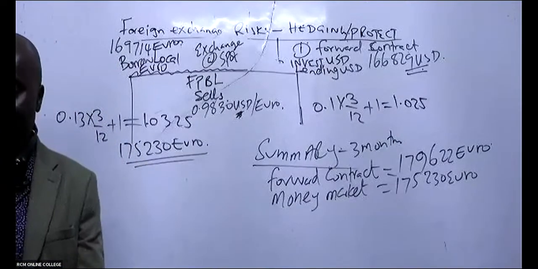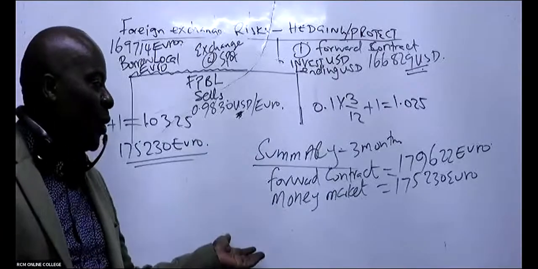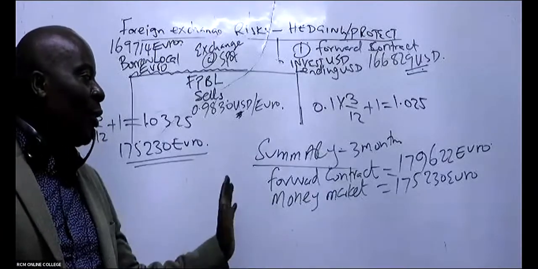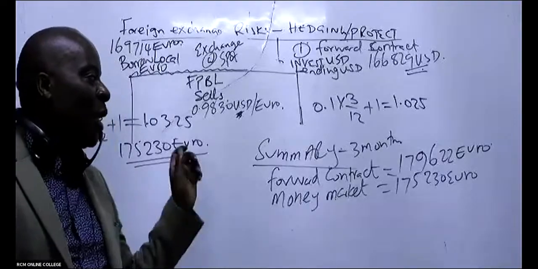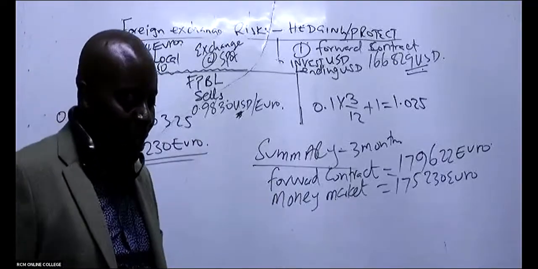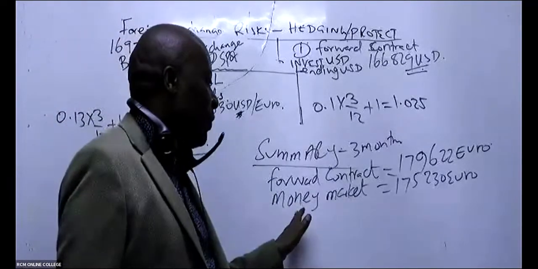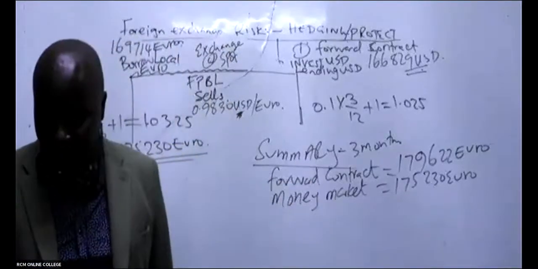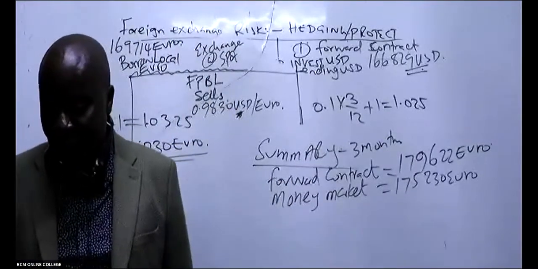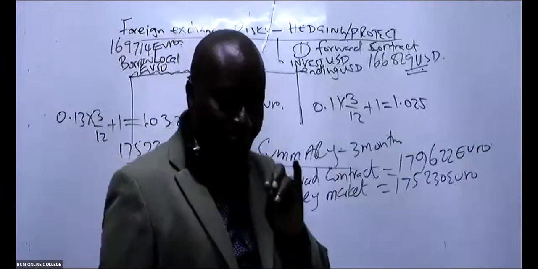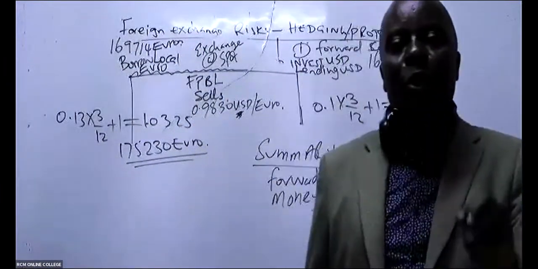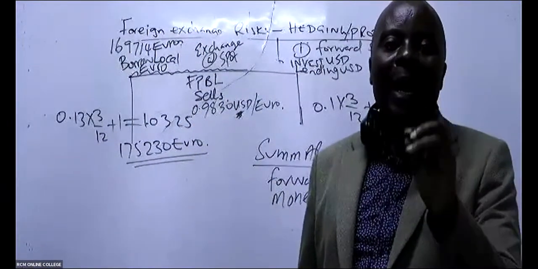So then please advise us, which is the better hedging strategy? Should they hedge forward or should they hedge money market? Should they go and tell James Mwangi, let's lock in a rate, or should they invest in the money markets? Which one is better? Remember, this is a payable question. You shall always be a minimizer.